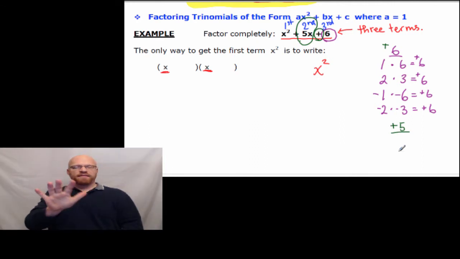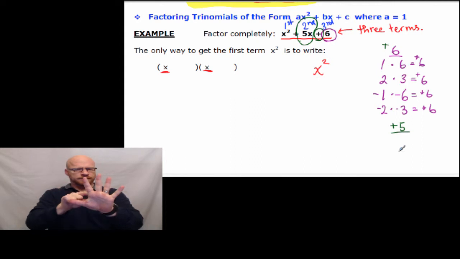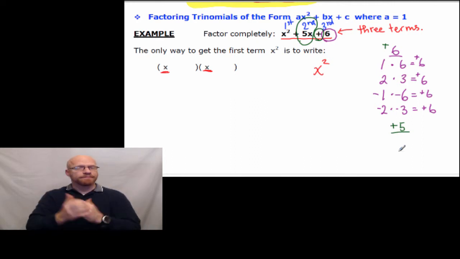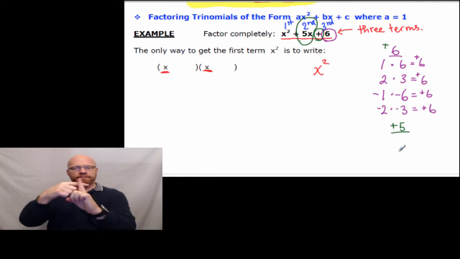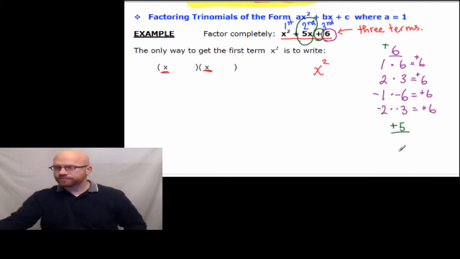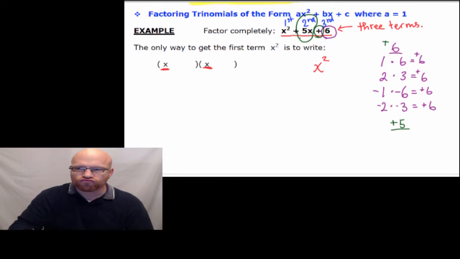For now, we're looking at the 5x, and the coefficient being 5. The important thing is, the x is always there in our current trinomial, but the coefficient is what we're concerned with right now. We're looking at the pairs that multiply to become 6, and I need to know which pair will add up or combine to be positive 5.